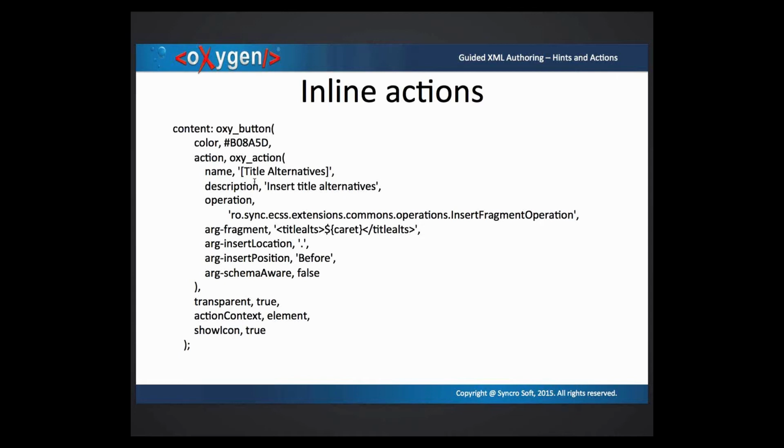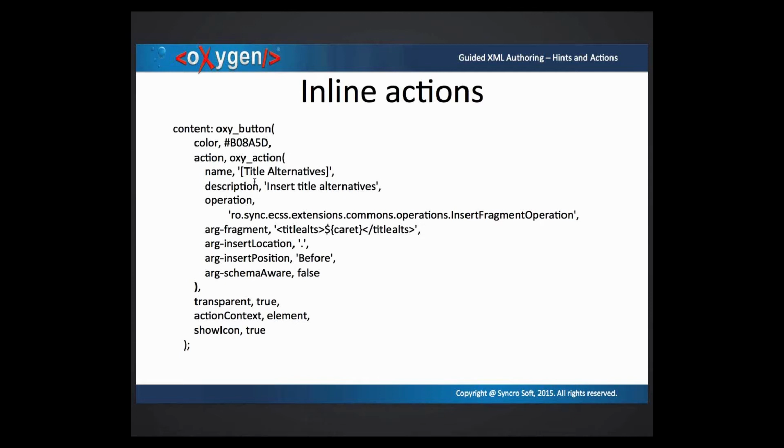And so we have this action and specify action ID that specified an action, defining the framework in the graphical part. But now we can add the action directly here. So if I want to insert a title, let's say I use this. I define an action that says title alternatives.